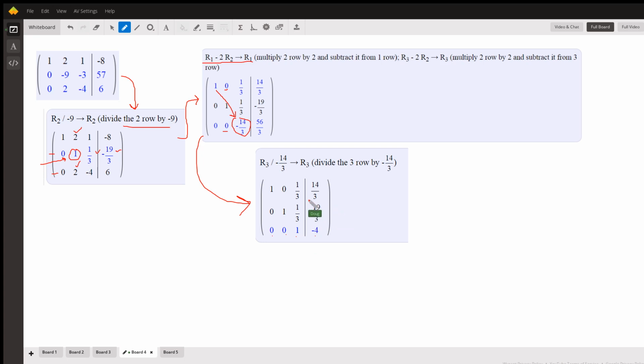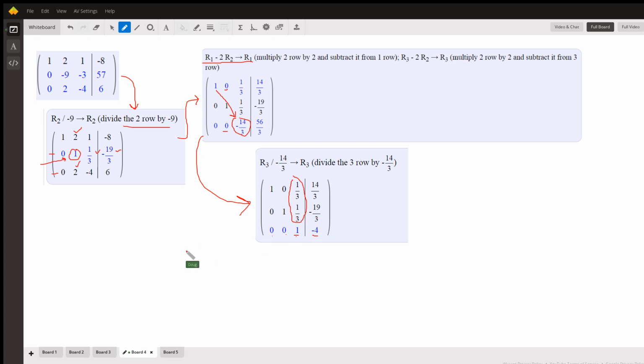And I'm getting close. The only thing I have to eliminate now are these 1/3. By the way, this is row echelon form. I could use back substitution at this point. This tells me right now that z is -4. So I could put -4 in for z in the second equation and solve for y.